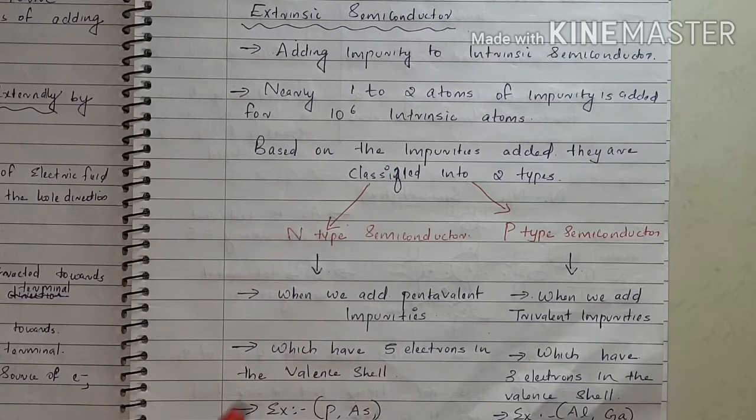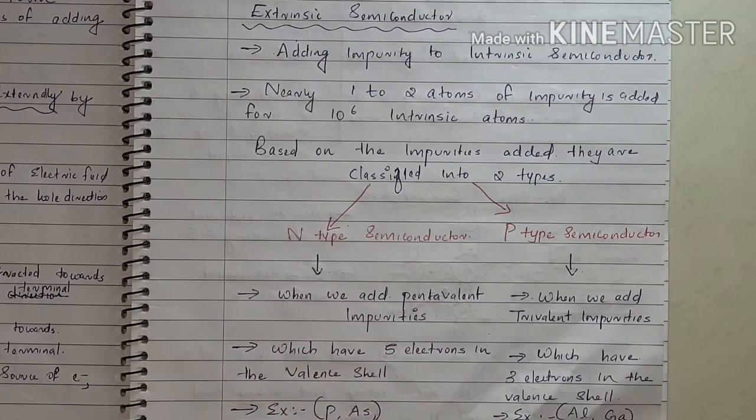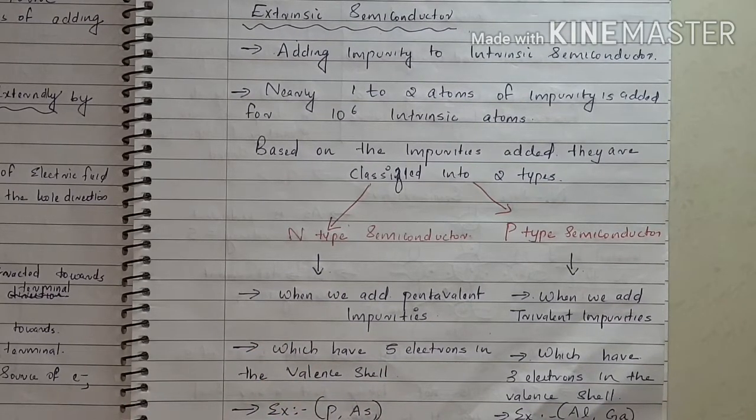Pentavalent impurities have 5 electrons in the valence shell, for example phosphorus and arsenic. If we add trivalent impurities, we get a P-type semiconductor. They have 3 electrons in the valence shell, for example aluminium and gallium.